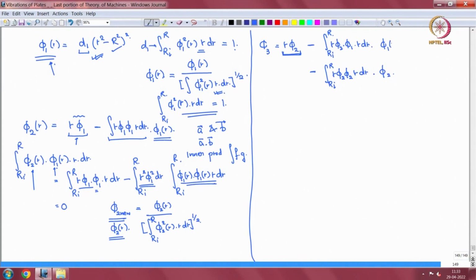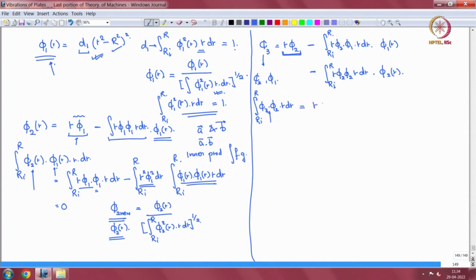They are all r functions. Now how do I know this is orthogonal to phi 2 and orthogonal to phi 1? I do first with phi 2: the integral from Ri to R of phi 3 dotted with phi 2 into r dr. This is just a product, not a dot product like vectors.